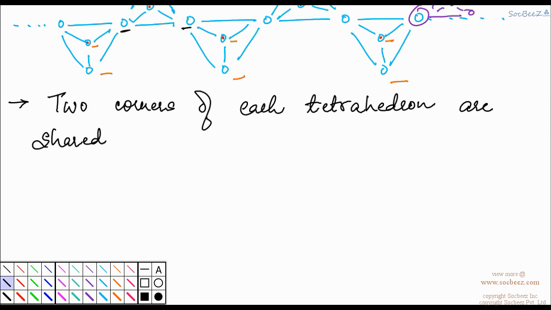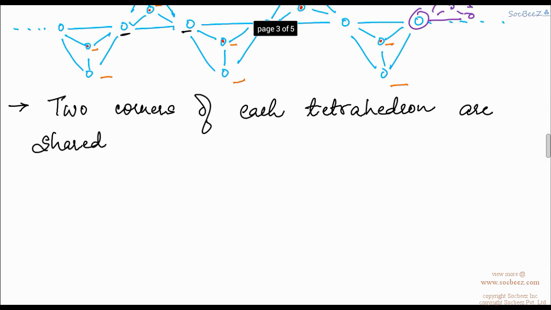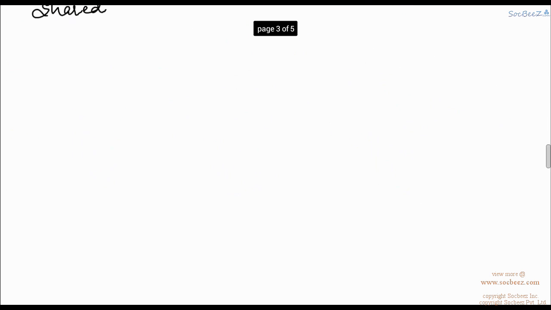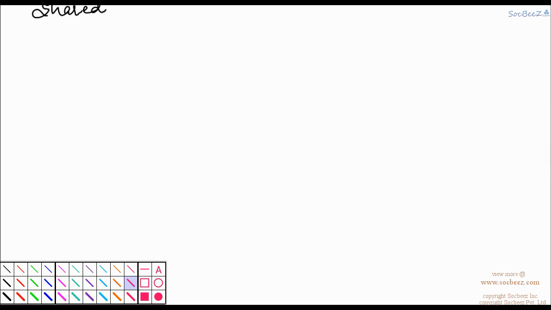So two corners of each tetrahedron are shared, and thus they form a long chain. Okay. Now the next is the double chain silicates.